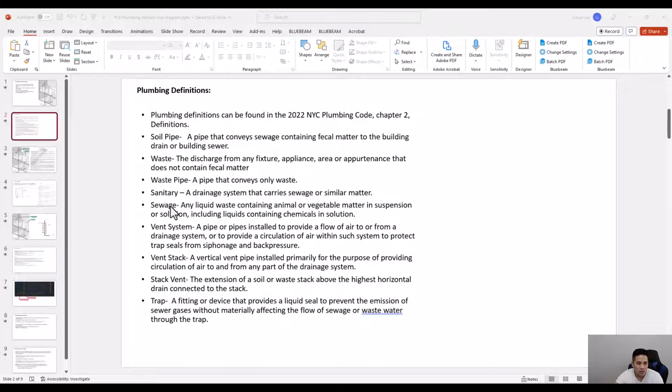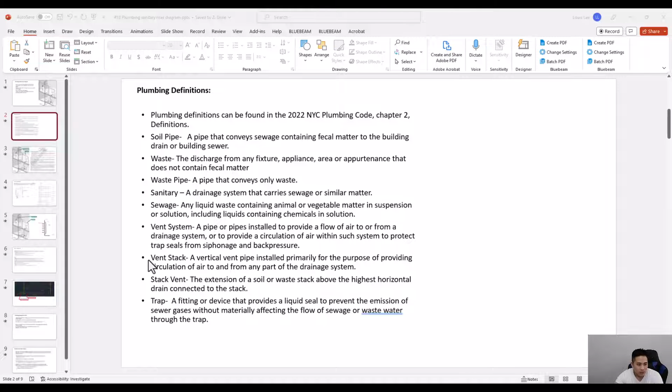So basically, sewage can include animal matter, which could be fecal matter, or vegetable matter, which could be kind of like a waste product too. So sewage seems to be an all-encompassing term that covers both waste and soil. And sanitary contains sewage, so sanitary would be all-encompassing to cover both soil and waste material.